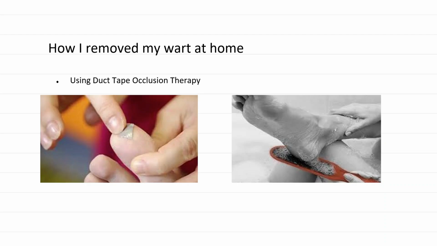And eventually, in less than 20 days the wart completely got removed without any mark. This was completely removed off my skin, and I'm really happy that I did it on my own.